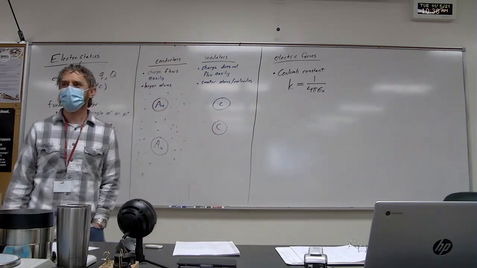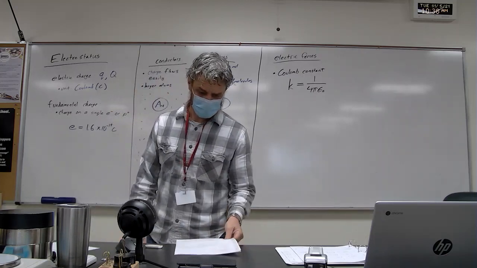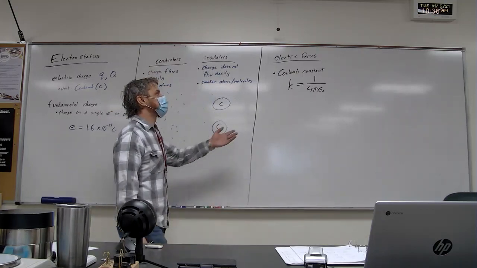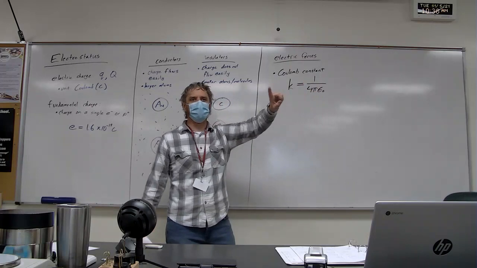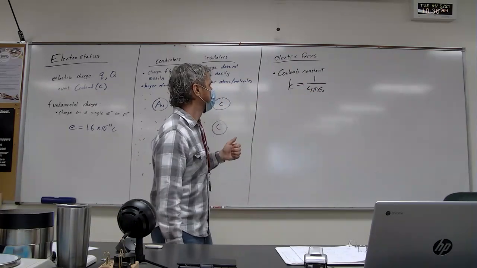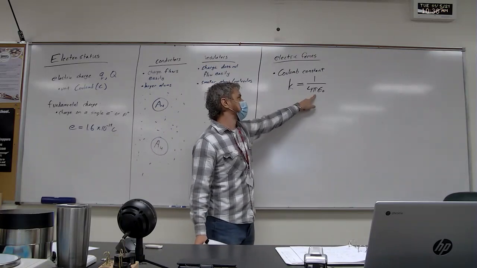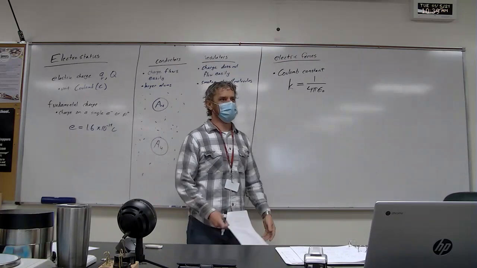Not naw naught, but naught naught. Because this number, 1 over 4 pi epsilon naught, is used so much, it also just gets the name Coulomb constant.